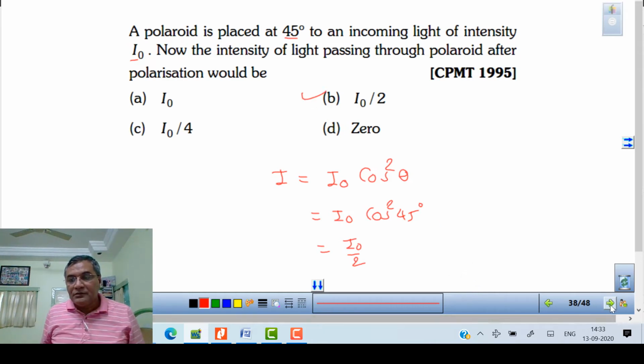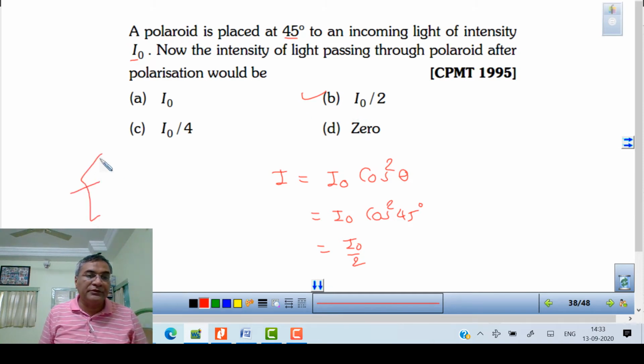If light is unpolarized and incident on the polaroid, then whatever the intensity is, it becomes I by 2. Let me revise it for you: intensity is I, then it becomes I by 2. How can you come to know whether incident light is polarized, unpolarized or partially polarized?